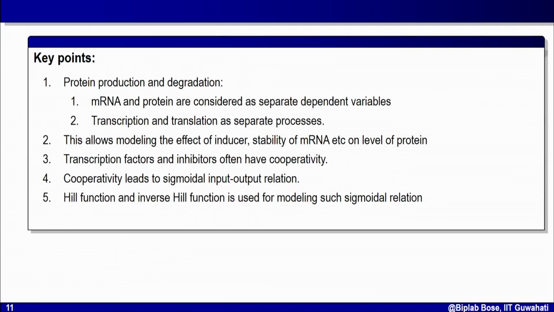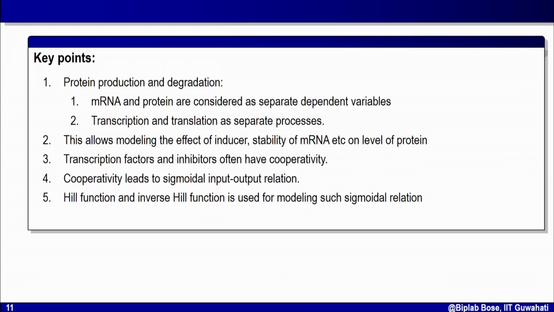So if I jot down what we have discussed in this module: for protein production and degradation, usually we may not consider transcription and translation separately, and may club them together in a single process, but sometimes we have to separate them and consider them as separate processes. In those cases I have to consider mRNA and protein as separate dependent variables.